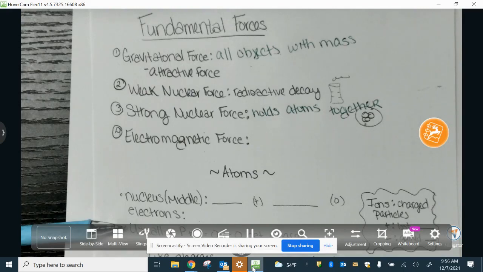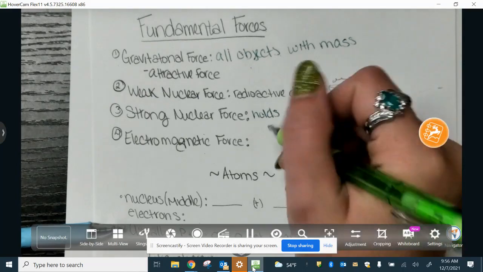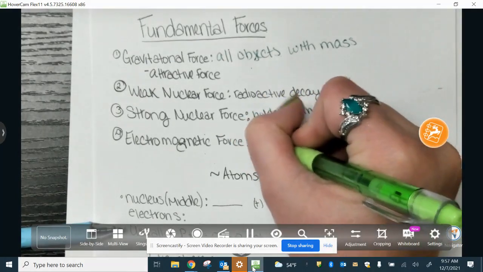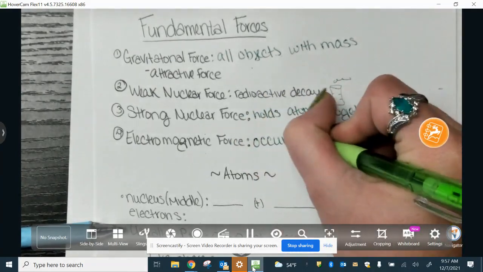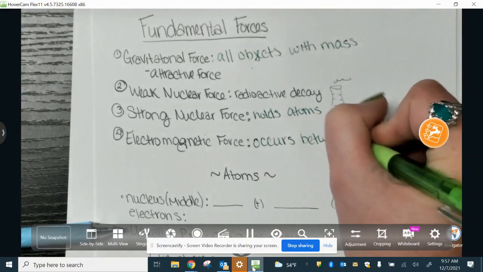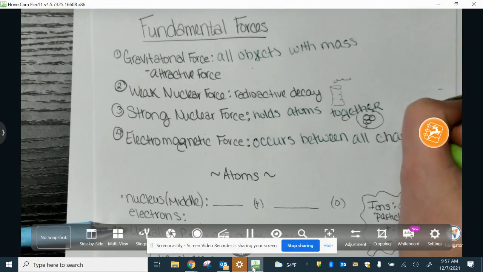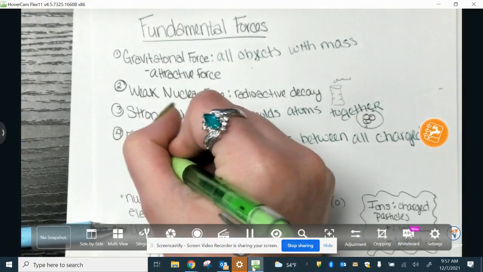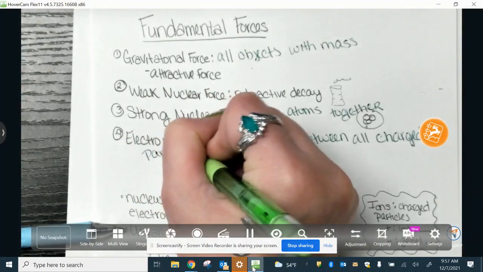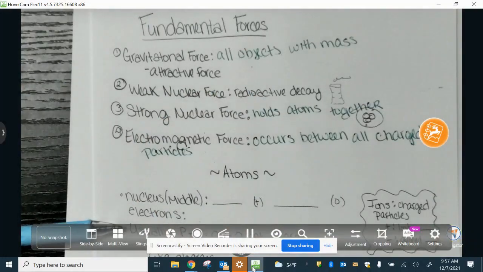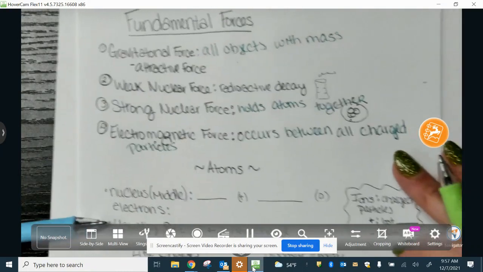This occurs between all charged particles. Okay, this electrostatic or electromagnetic force occurs between all charged particles.